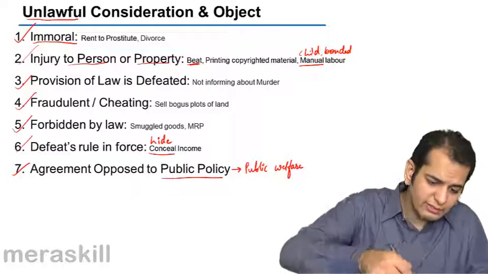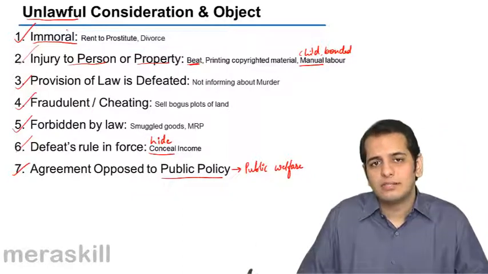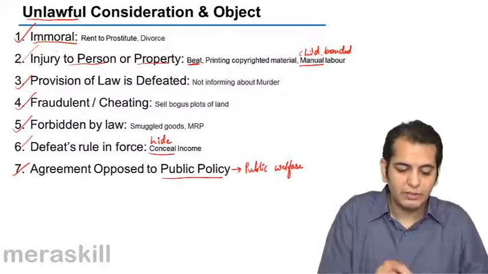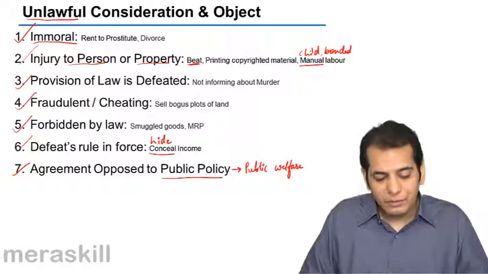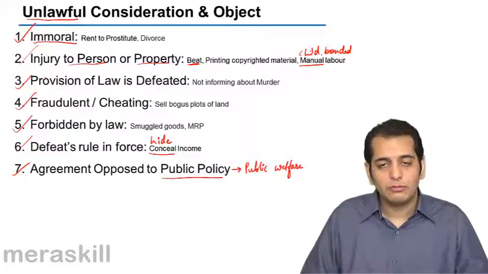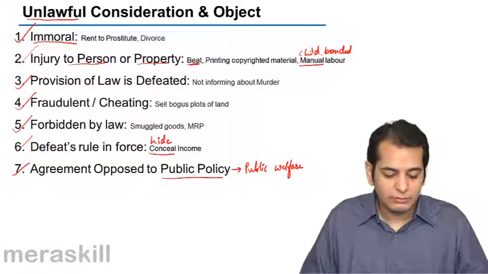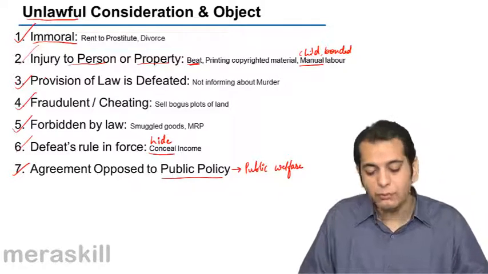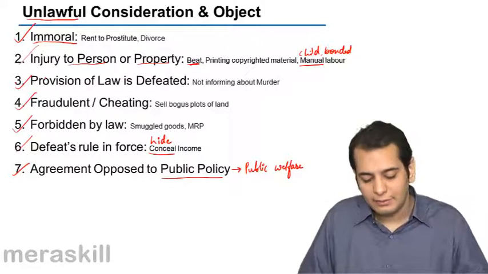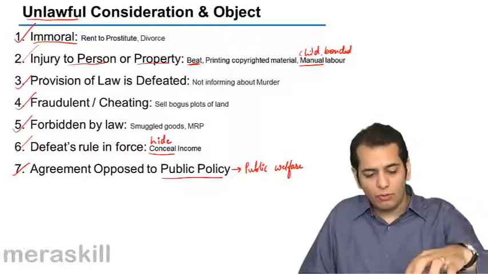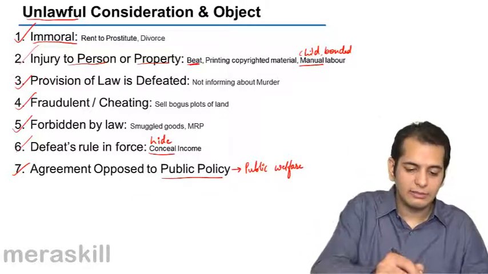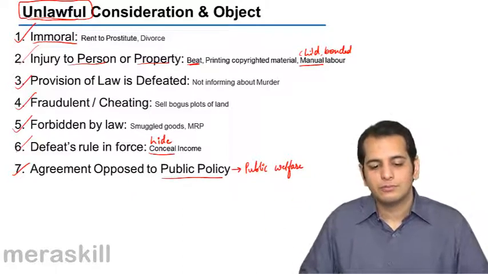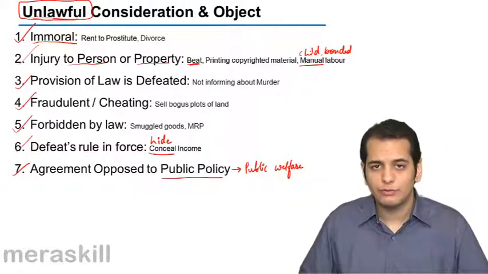So all these 7 points, that is immoral, causing injury to person or property, defeating the provisions of law, defrauding someone, committing acts which are forbidden by law, defeating rule in force, and agreements opposed to public policy, all are considered under the definition of unlawful. All these acts are unlawful.